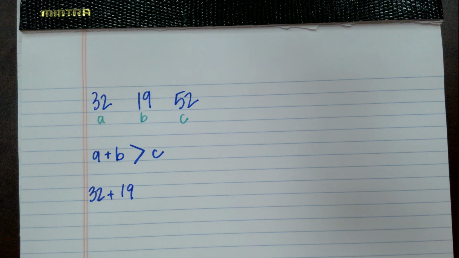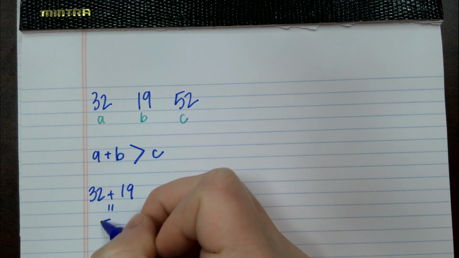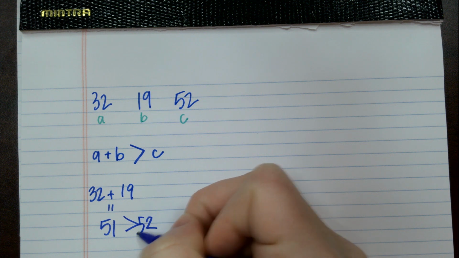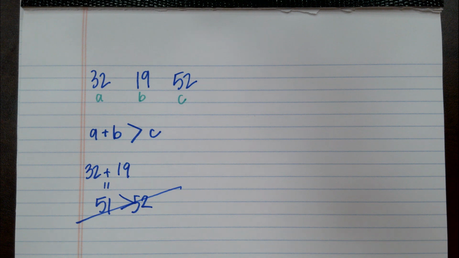What's 32 plus 19? 51. Oh, okay. So if I get 51, is that bigger than 52? No, it is not. So are these three sides going to make a triangle? No. Okay, so let's go to that website. Let's click on no and see what happens.